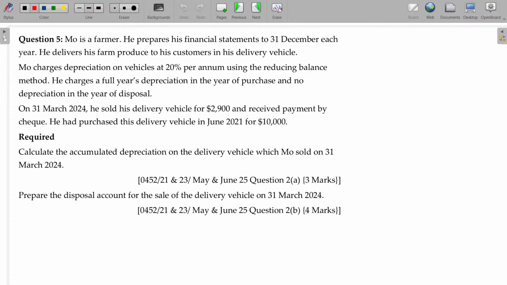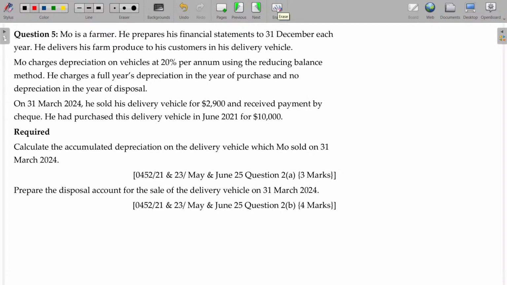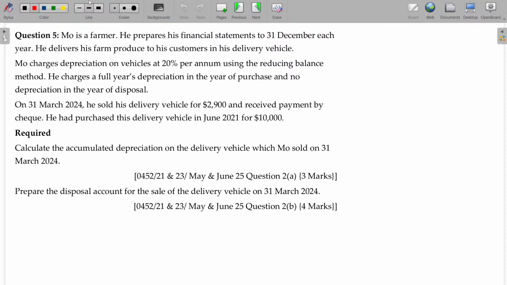Now let's move on to the next illustration. Mo is a farmer. He prepares his financial statement to 31st December each year. He delivers his farm produce to his customers in his delivery vehicle.